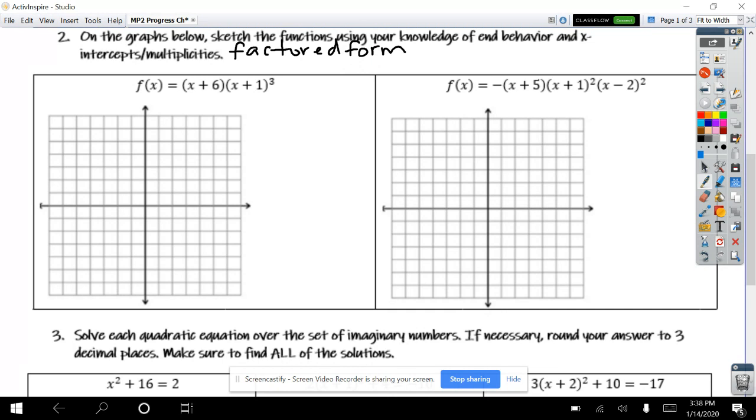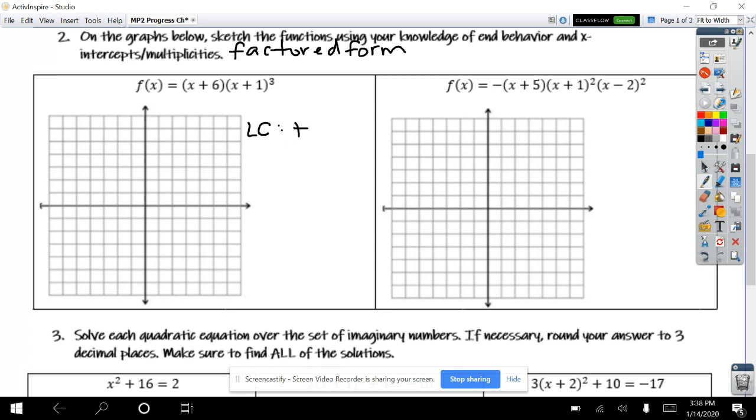So for the first one on the left, first of all, let's look at the leading coefficient. All we need to know is whether it's positive or negative. Since if I look at the front of the function, right here, there's not anything there, that means it's just positive.